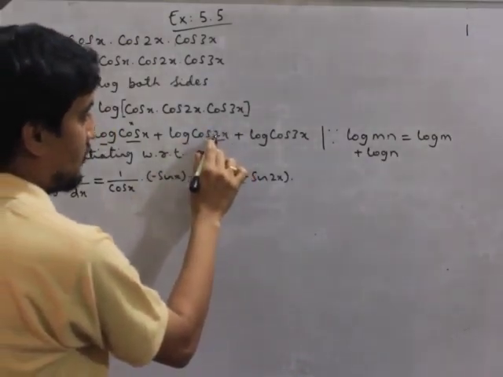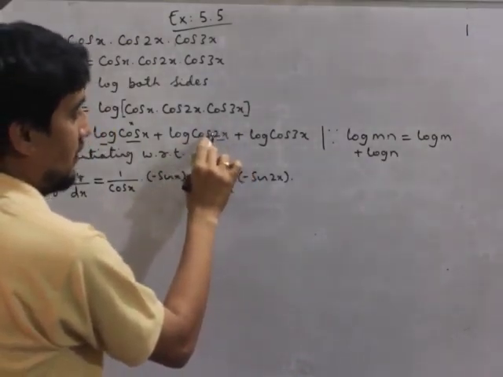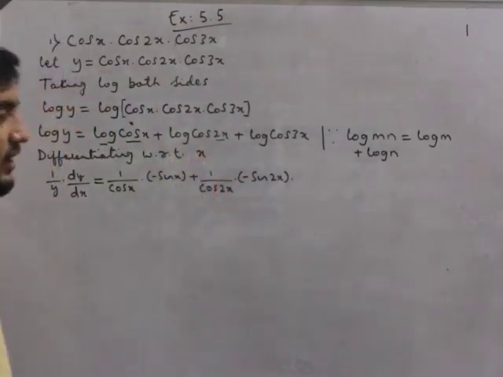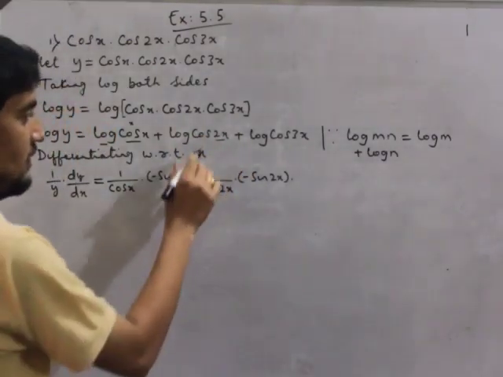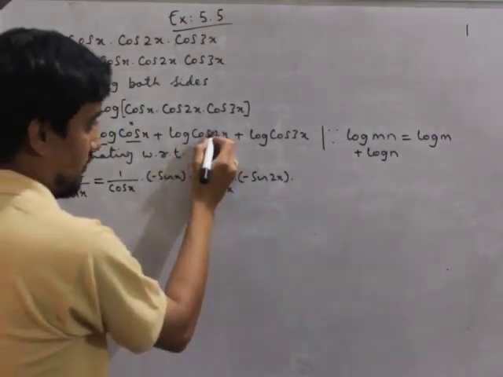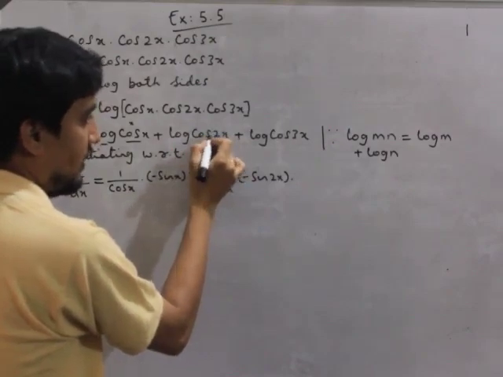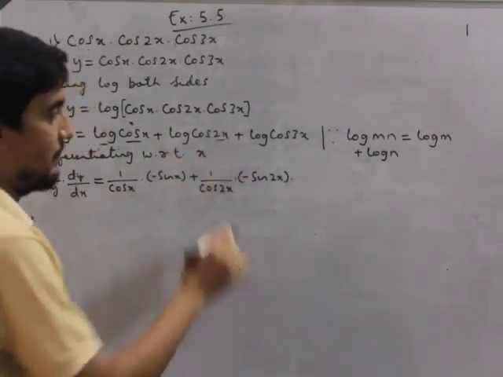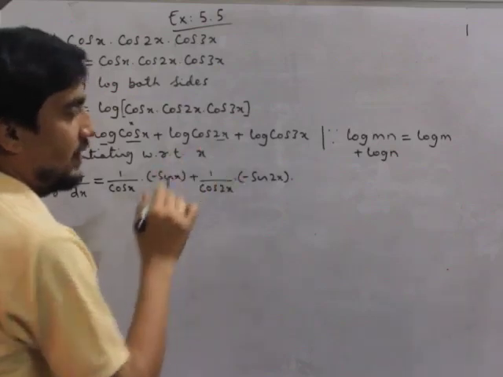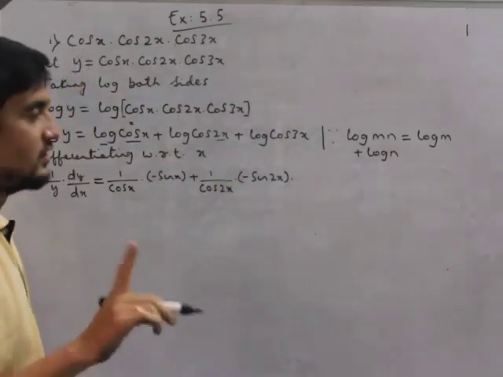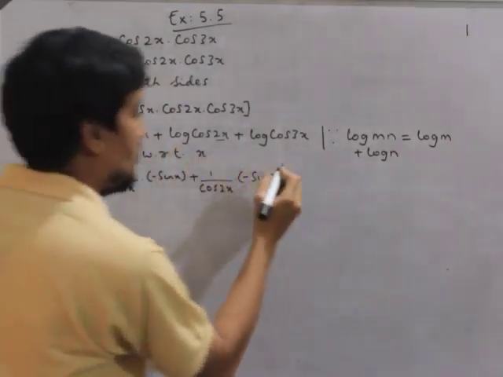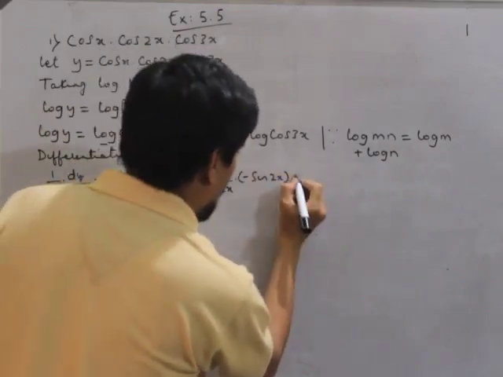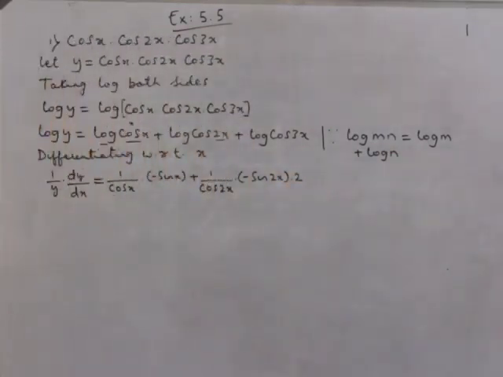Now observe this is a constant and this is a function. When we have functions like this, we differentiate constant into differentiation of function. So constant 2 into differentiation of x. Differentiation of x is 1. So 2 into 1, I will get 2. I hope you understood this.